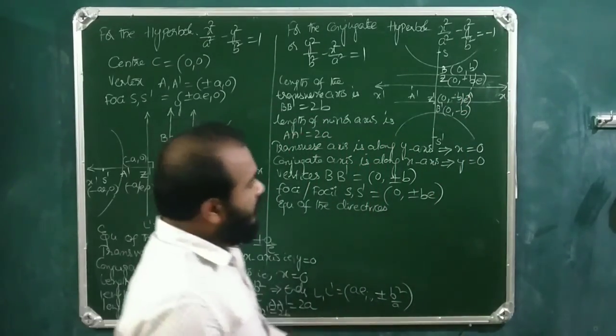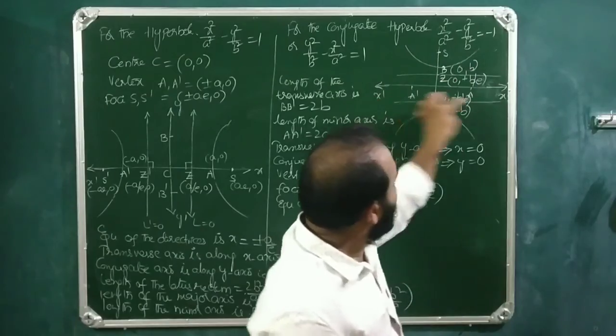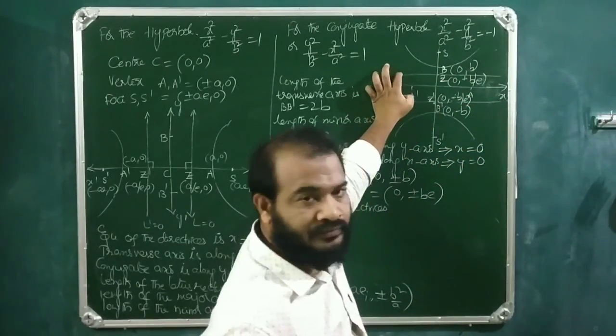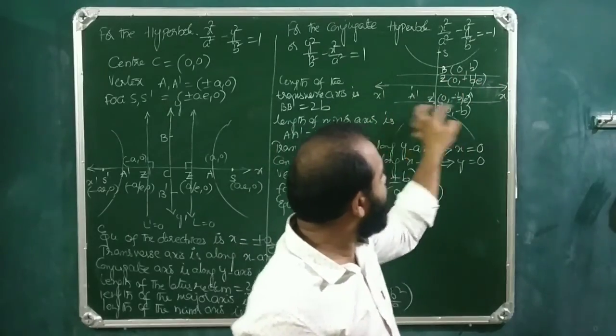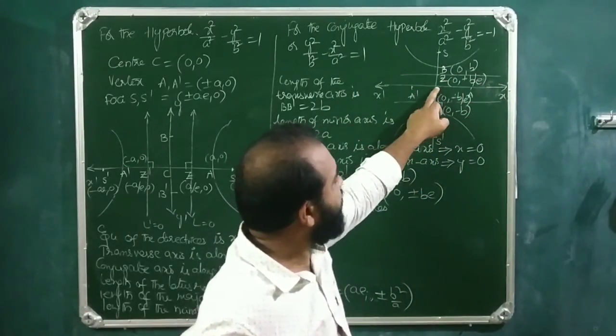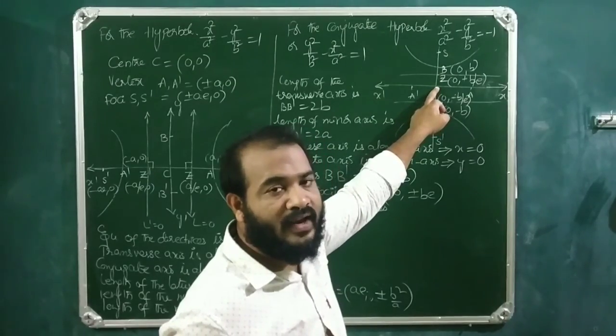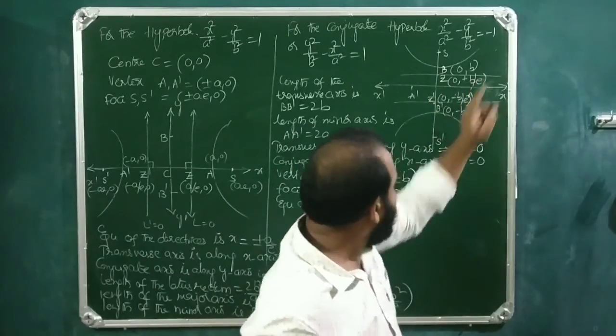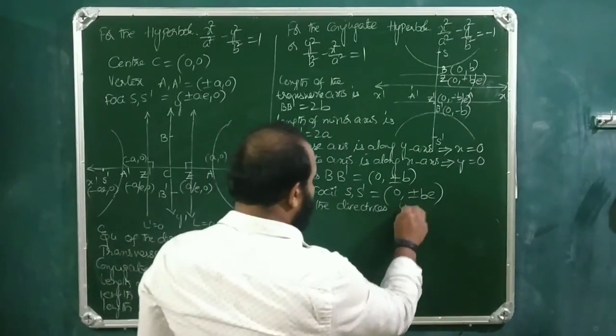These two are the directrices, the fixed lines, and they are parallel to the x-axis. Any line parallel to the x-axis is of the form y equals k. So y equals plus or minus b by e.